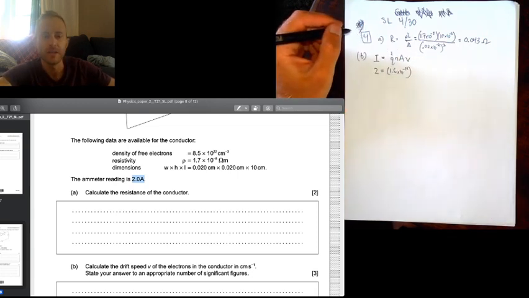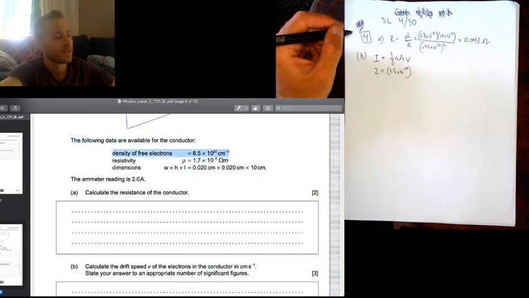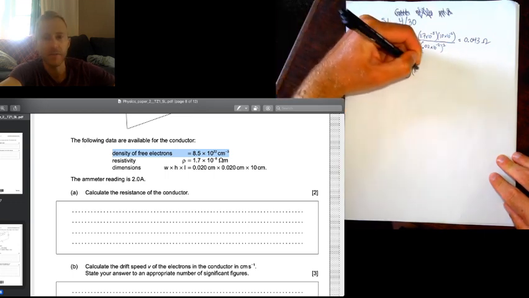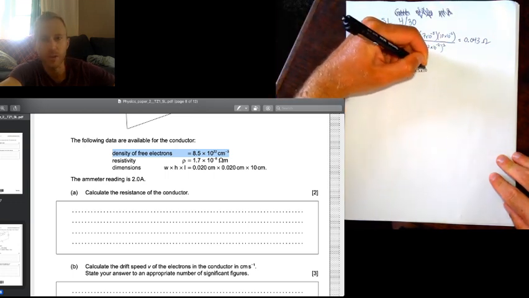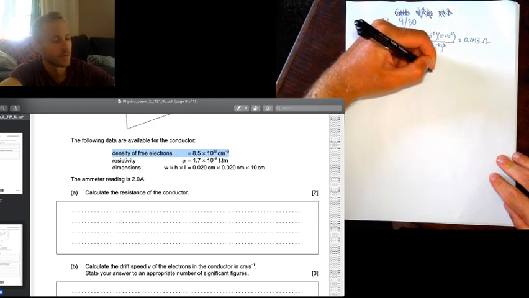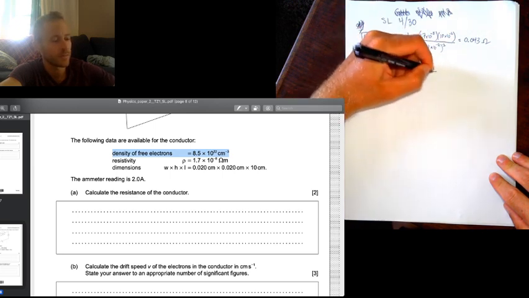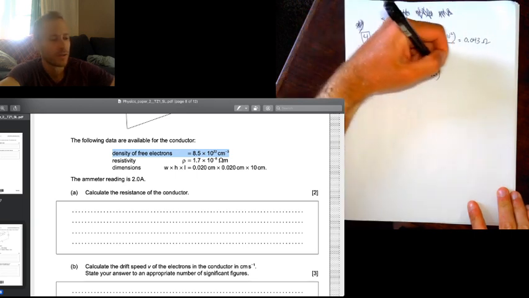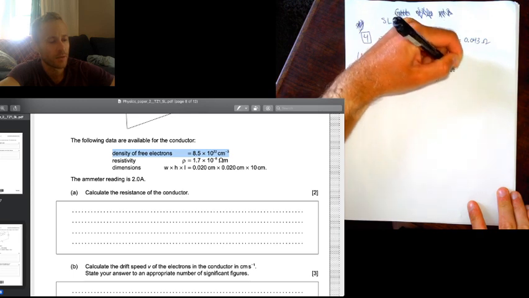The density of electrons is 8.5 times 10 to the 22 per cubic centimeter. The area of the conductor is 0.02 by 0.02.